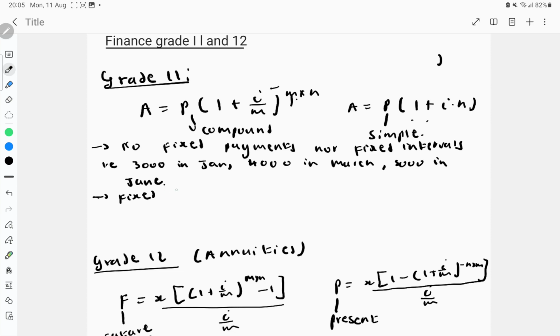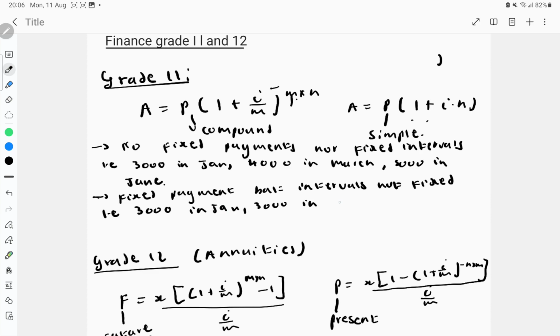So maybe a fixed payment, but the intervals are not fixed, i.e. you pay 3,000 in January, 3,000 in March, another 3,000 in September. So you see, the money is fixed, but the space between the months is not fixed.